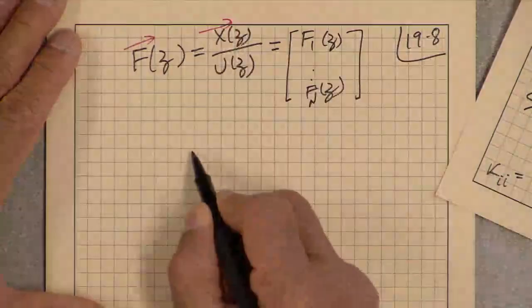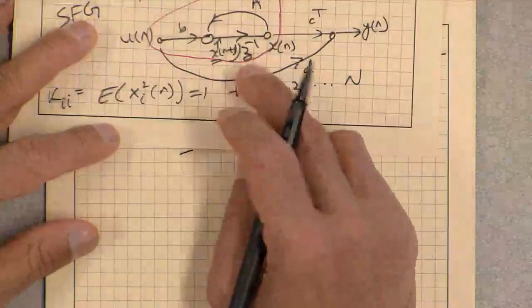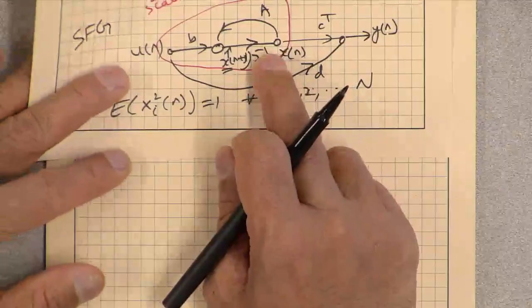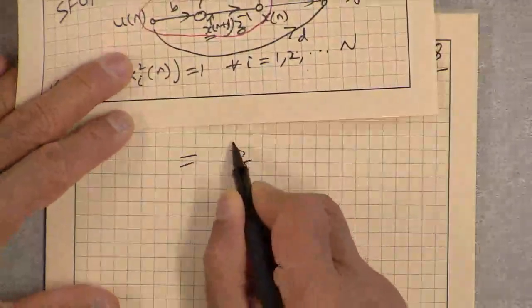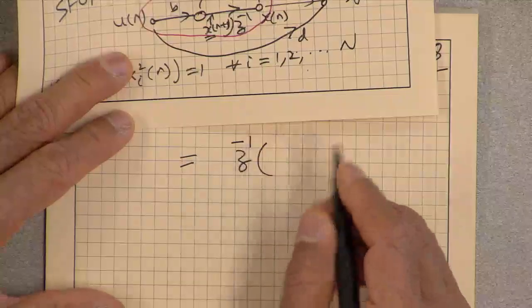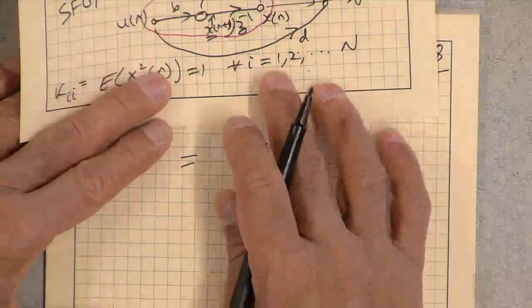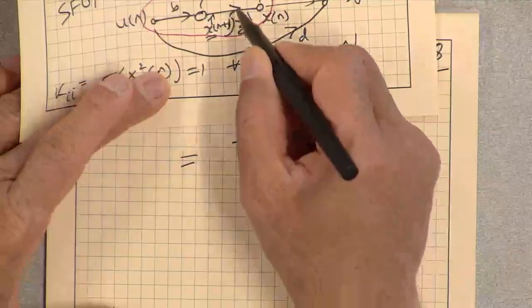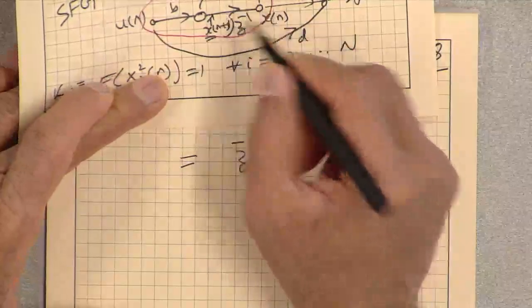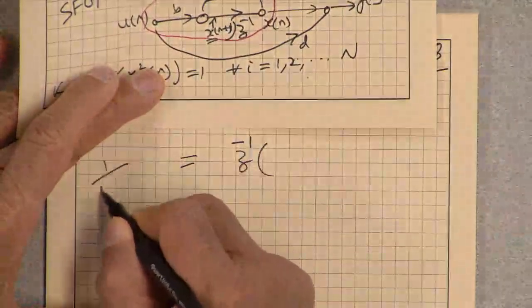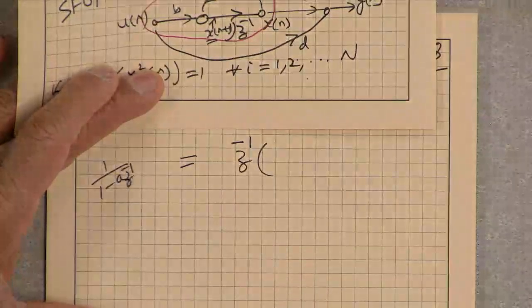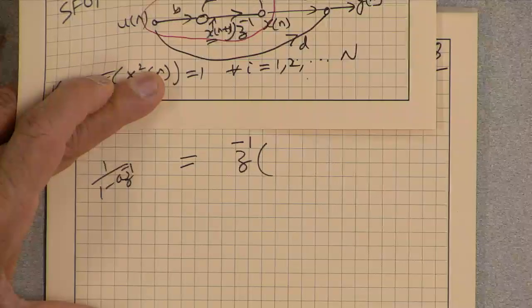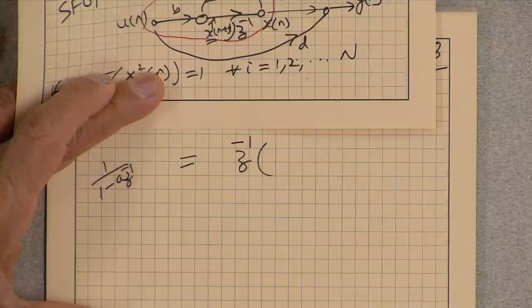So what exactly is that quantity? This is going to be the forward gain, which is z to the power minus 1, times, if it was a scalar system, 1 over 1 minus the loop gain, which would be 1 over 1 minus a z to the power minus 1. But because this is a matrix, we cannot write that.